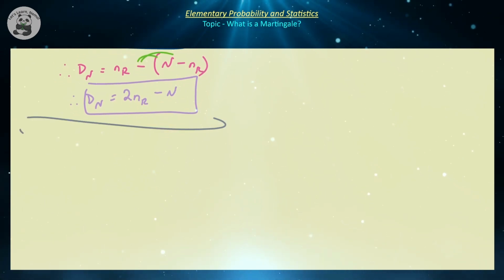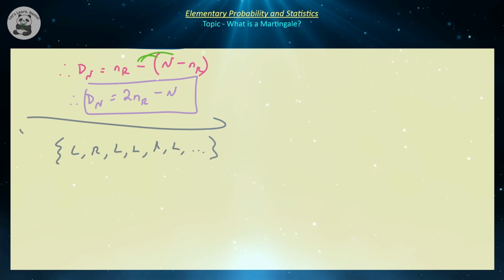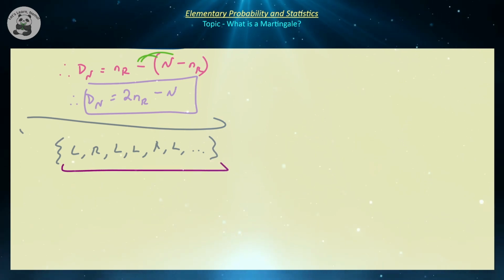All right, so let's assume that we have our sequence, for example, left, right, left, left, right, left, and so on. And let's assume that this represents our stochastic sequence, with n trials here. So what is the number of ways we can take nl steps to the left?